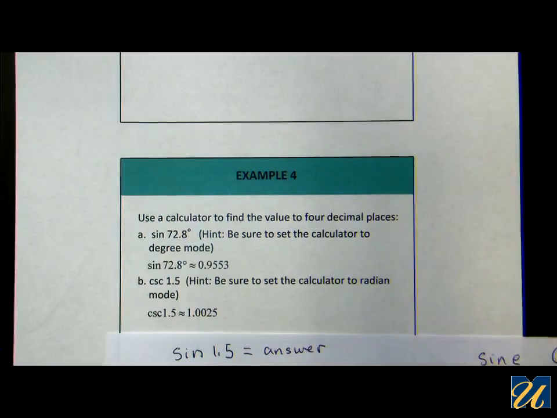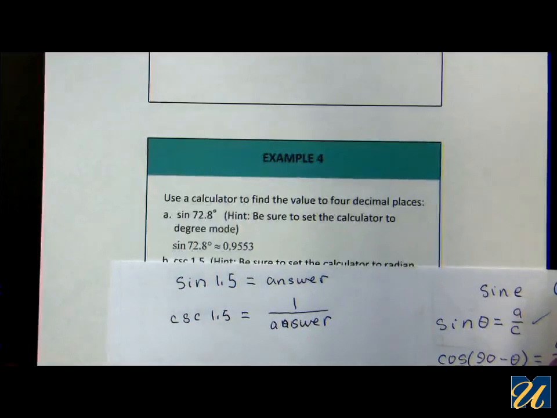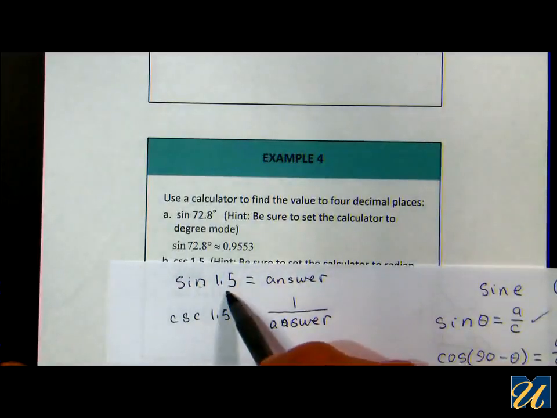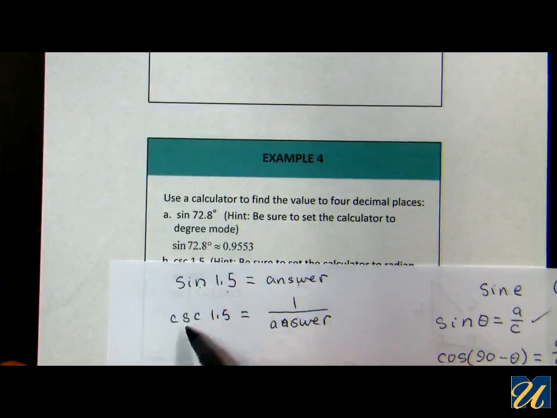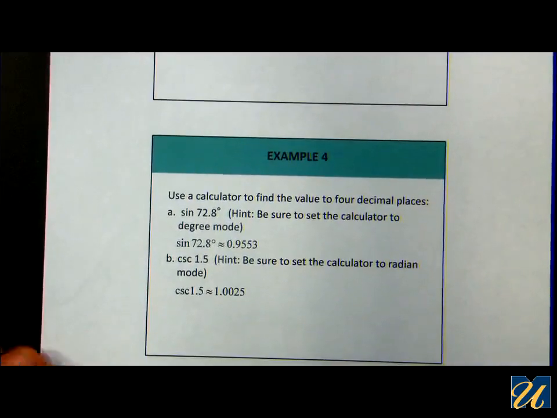They are reciprocal functions. So find the value of the sine, and then reciprocate that, and you'll have the value for the cosecant. I've got that on the screen there. Find the sine of 1.5 on the calculator, and then to get the cosecant, take 1 over that answer. Take the reciprocal of that answer. Okay, that's the conclusion of section 5.2.